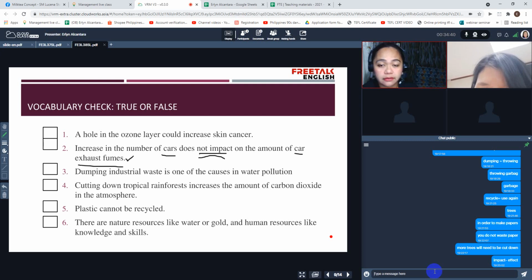I think an increase in the number of cars, but what type of car is good for the environment? Yes, that's true.